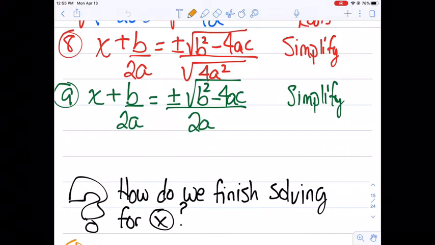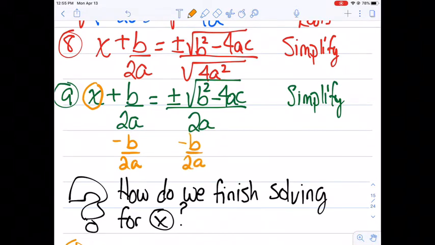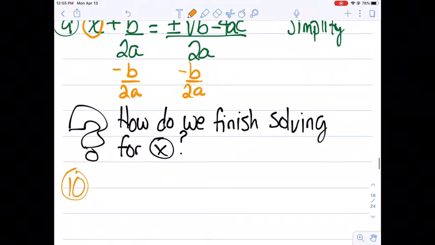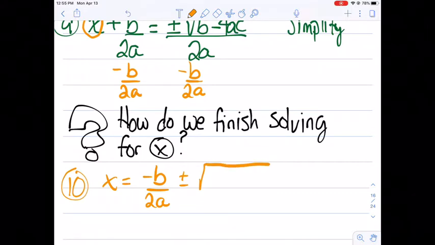Okay, so how do you finish solving this equation for x? Well, if I want to get x by itself, I have to subtract b over 2a from each side. Okay, so on step 10, when I do that, I will have x equals the opposite of b over 2a plus or minus the square root of b squared minus 4 times a times c all over 2a.